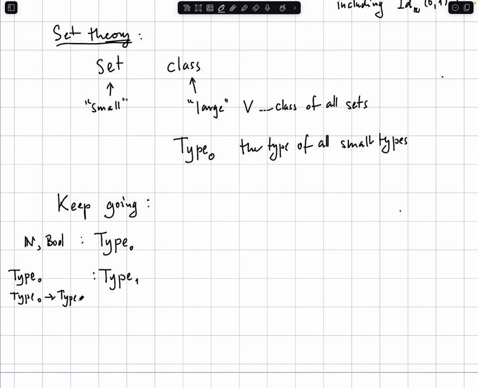That will also be in type 1. So lots of things. But then we will have type 2. And we can just keep going. So in general, we will have a hierarchy, Type indexed by alpha. And now the question is, what is this alpha?